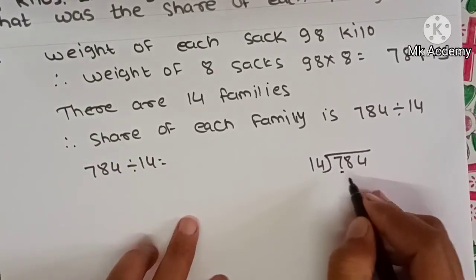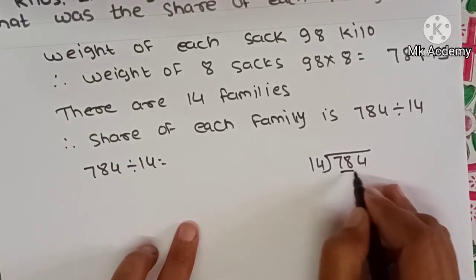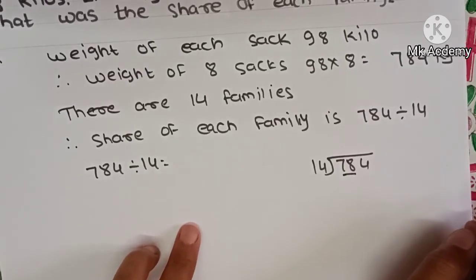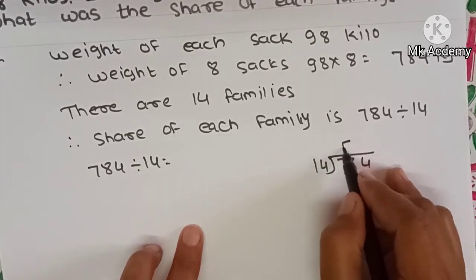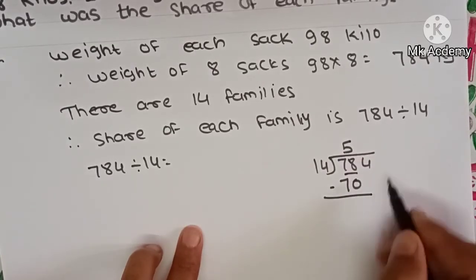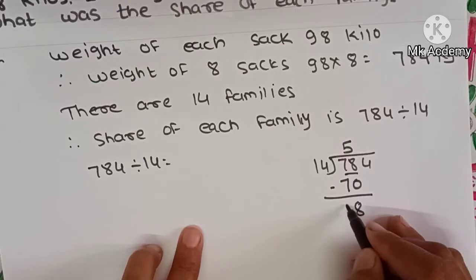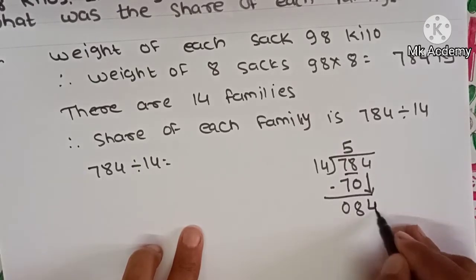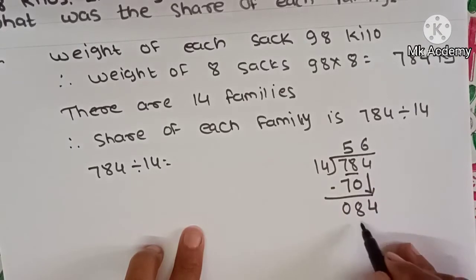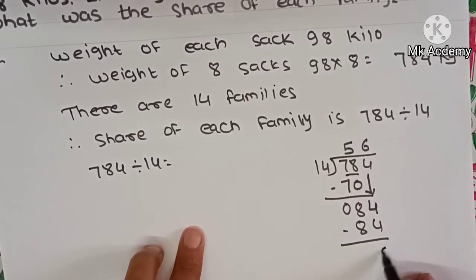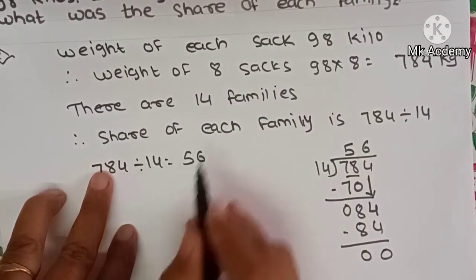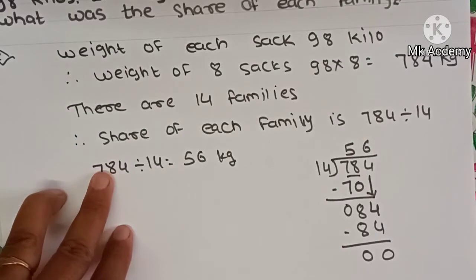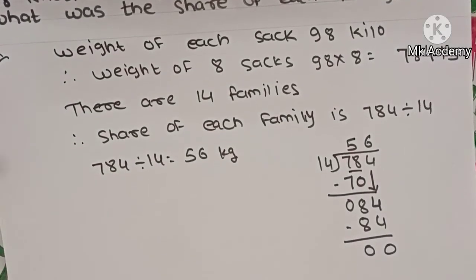First, 7 is smaller than 14, so take 78. Now we have to learn the table of 14. 14 times 5 is 70. Now do subtraction: 8 minus 0 is 8, 7 minus 7 is 0. Then take this 4. 14 times 6 is 84. 4 minus 4 is 0, 8 minus 8 is 0. Means each family gets 56 kg weight.